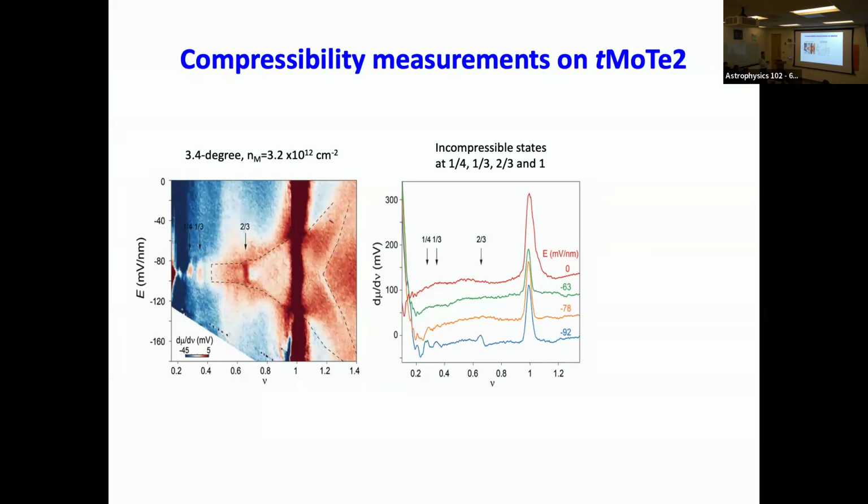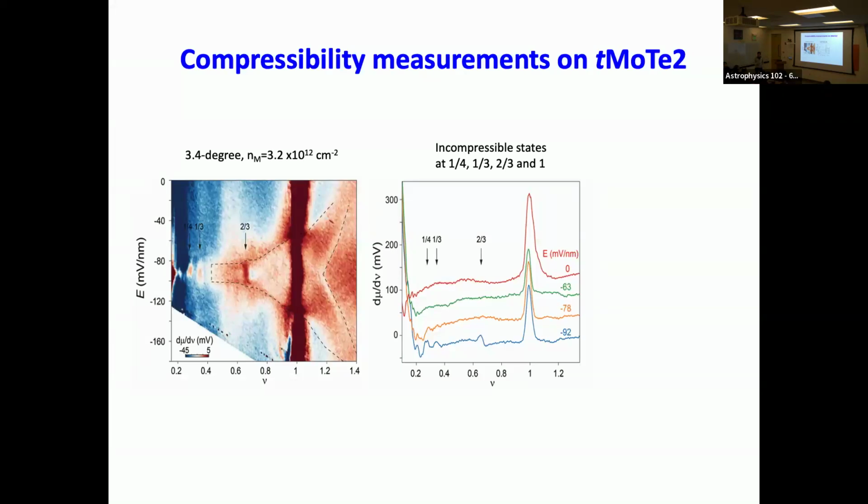If you apply a large enough electric field, and I will show you later, the bands actually become topologically trivial. These are some line cuts of the incompressibility versus density at different electric fields. All I want to point out is that this blue curve, which is cut along the zero electric field line, shows incompressible states at filling factor 1, 2/3, 1/3, and 1/4.